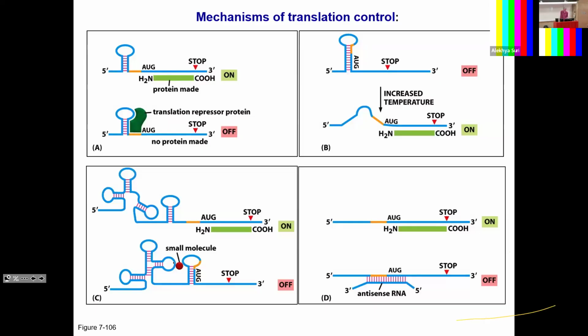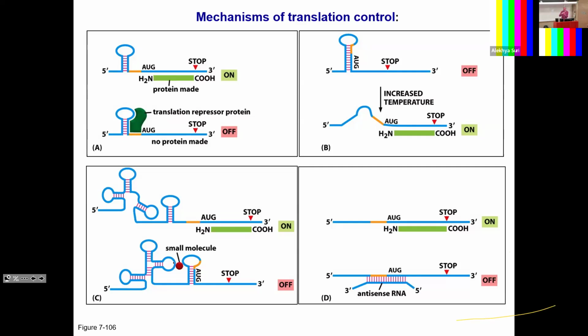Another example would be this stem loop. There would be other secondary RNA structures in the neighborhood. So if, for example, an end product is present, it would change the structure, and it would mask, here in example C, the start codon AUG.